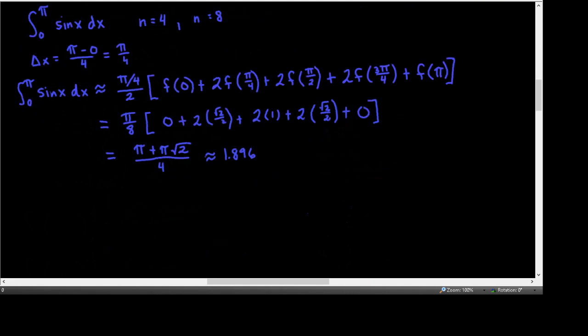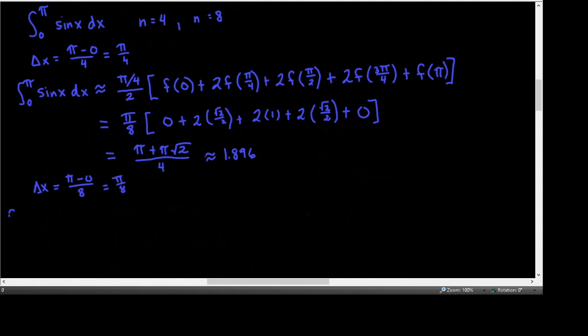Okay, now let's do 8. Delta x this time will be b, which is still pi, minus a, which is still 0, over n, which is this time now 8. So pi over 8 is what delta x is.